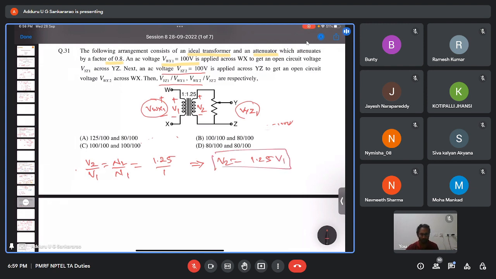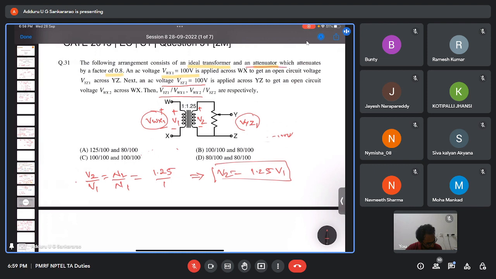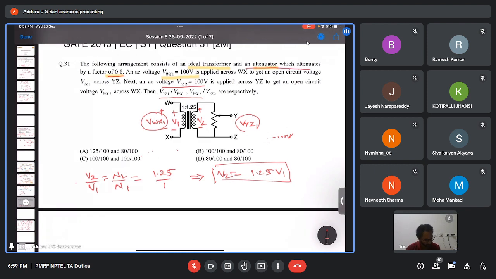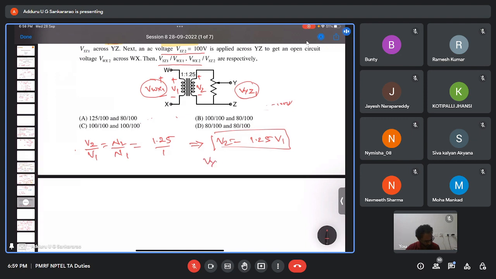Now what is given in the question is an attenuator which attenuates by a factor of 0.8. That means for the attenuator, the input is V2 and the output of the attenuator is Vyz. So from here we can write Vyz equal to 0.8 times V2, for the attenuator.